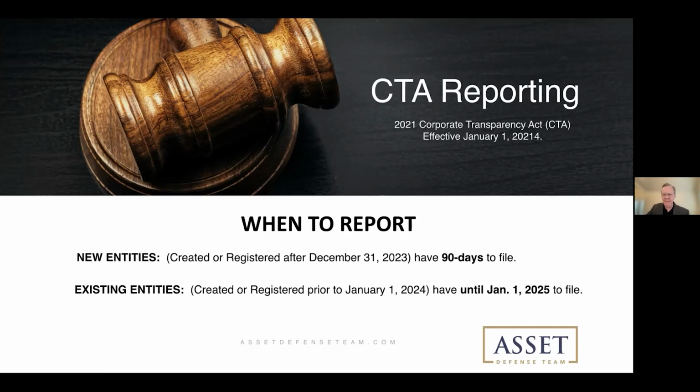Now, a lot of people may be thinking, ooh, I just dodged a bullet, I got a whole year. Don't think that way. Get your report done early rather than waiting, because once again, it's easy to forget about this. And then you're scrambling at the end of the year when everything else is busy. Get the report in now so it's done. So these are key dates. Before January 1st, prior or after January 1st.